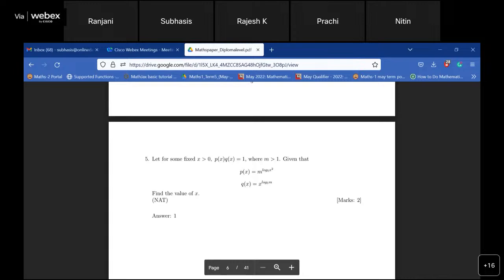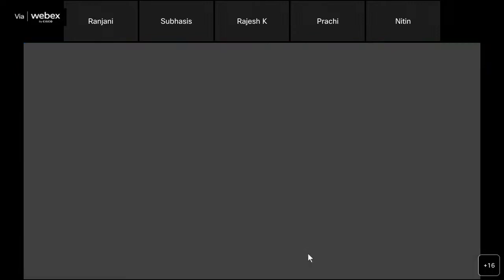Log x square base 5. And what is q of x? Q of x is x power log m to the base 5, right?